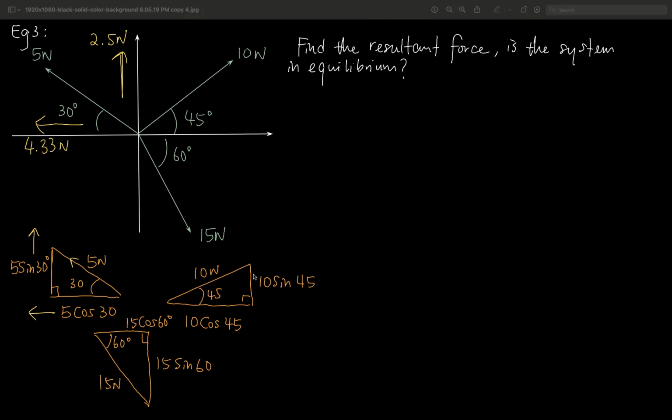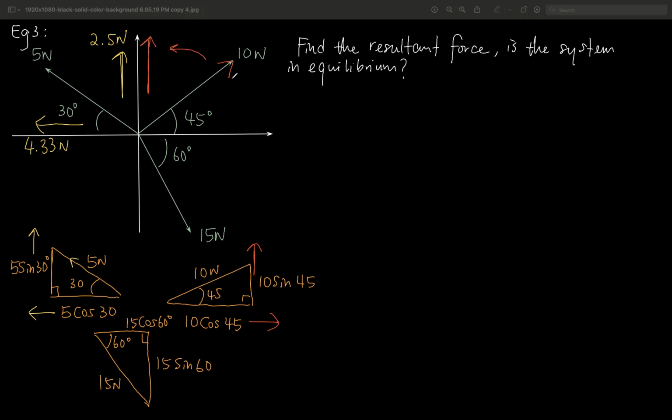Okay, so the 10 sin 45 is upward, and this one is to the right. How do you know upward? You see the original force. This one is pointing here, right? So imagine you pull it over here. It is still pointing upward.